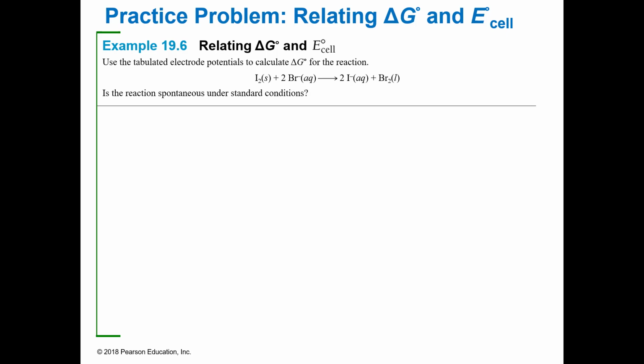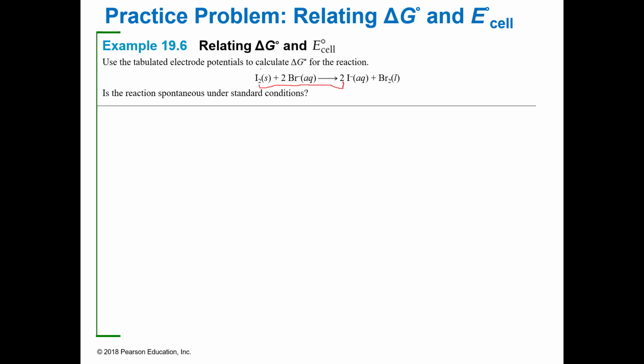All right, so this one says use the tabulated electrode potentials to calculate the standard Gibbs free energy change for the reaction. What do you need to do here? And is the reaction spontaneous? You look and you see that iodine is reduced.